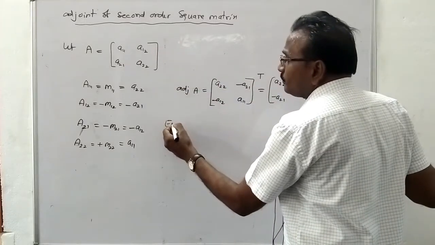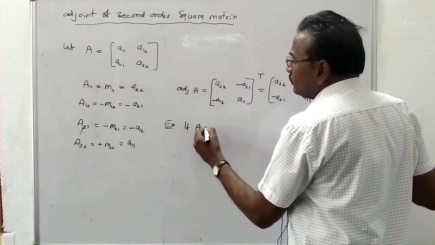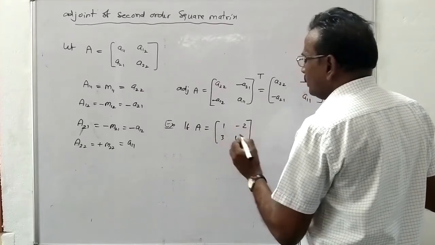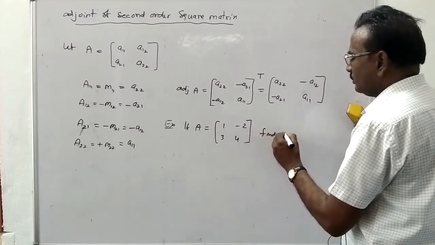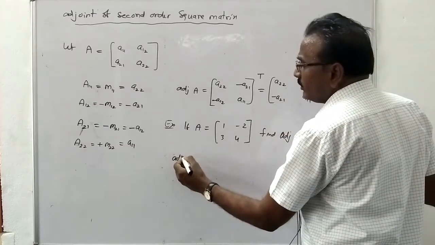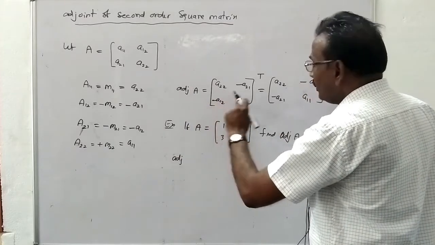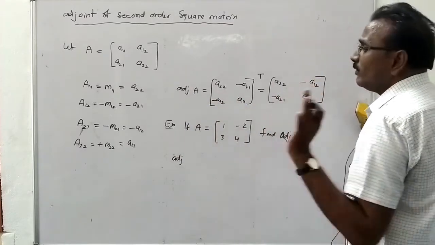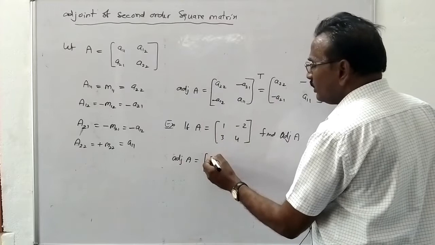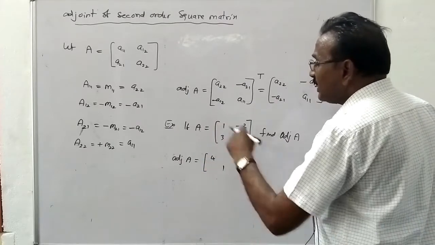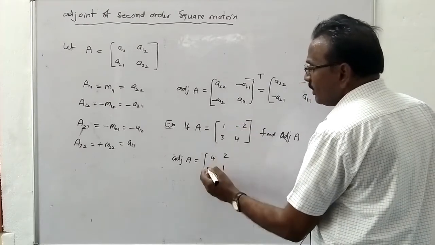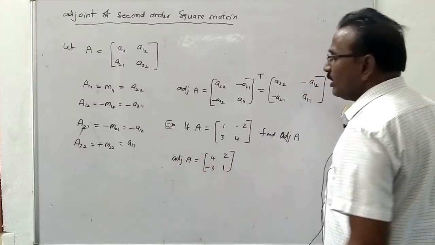For example, if A is 1 minus 2, 3 4, find the adjoint of A. Using the property, interchange the principal diagonal, here 4 and 1, and change the sign of the other elements. Here minus 2 becomes plus 2, plus 3 becomes minus 3. So this is directly the adjoint of A.